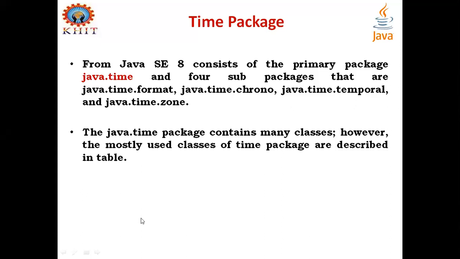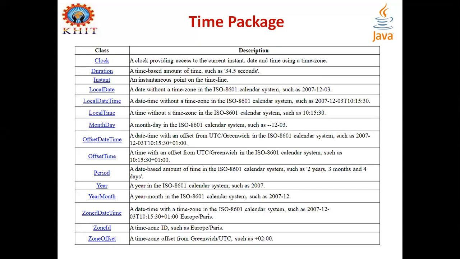The java.time package contains many classes, but the most used classes of the time package are described in the below table. These are the different classes contained in this time package of Java. Clock provides access to the current instant, date, and time using a time zone. Duration is a time-based amount, used for duration calculation.